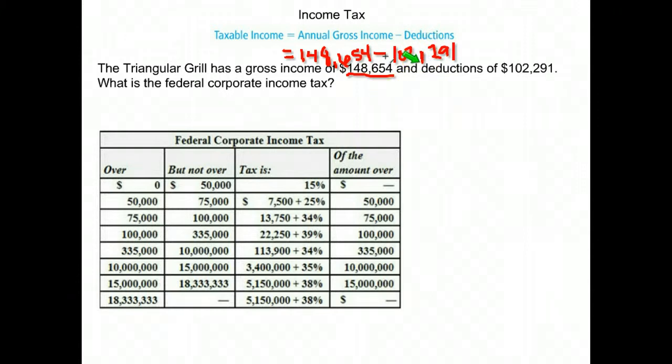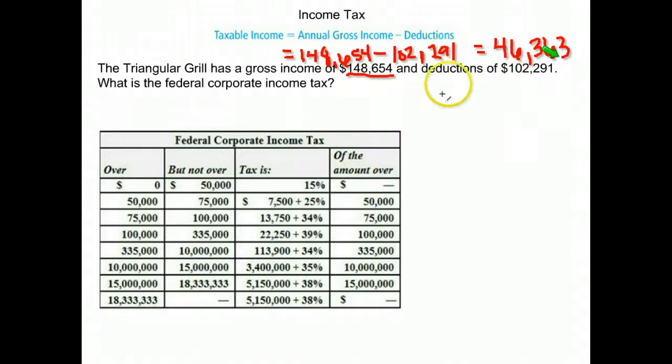We'll subtract those. And when we do, we find that they're only taxable on $46,363.